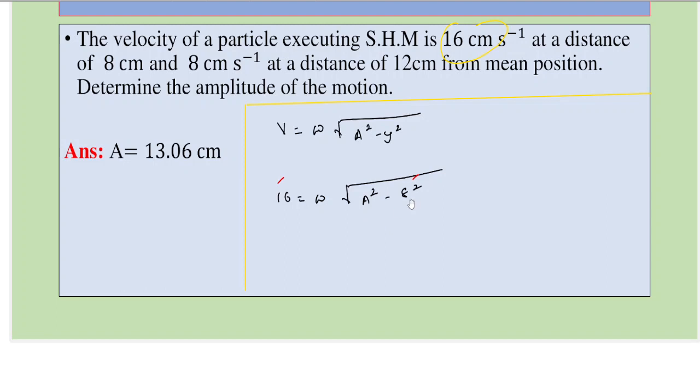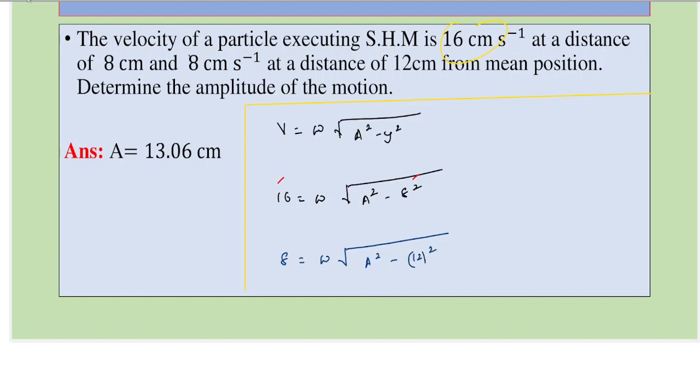Otherwise it becomes difficult to carry the powers here. The second condition is the velocity becomes 8 centimeter per second at a distance of 12 centimeter. So it becomes 8 is equal to omega into under root of a square minus 12 square.